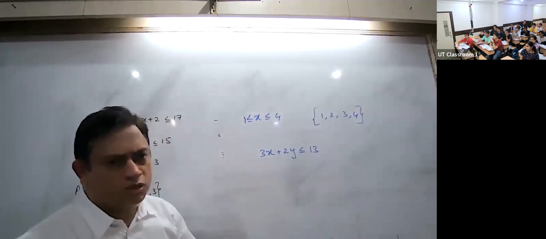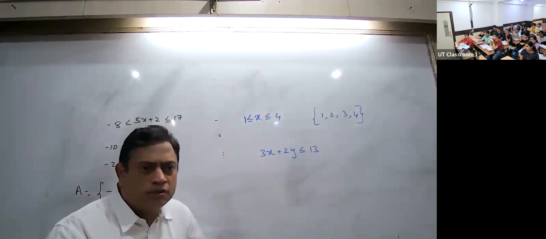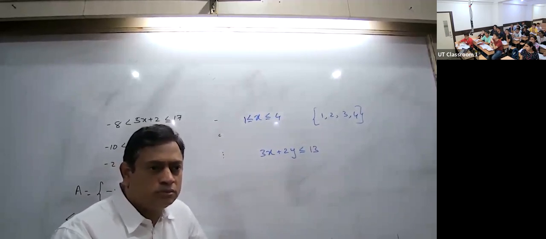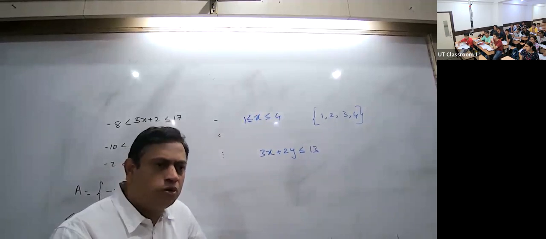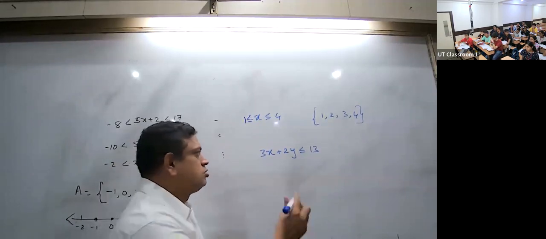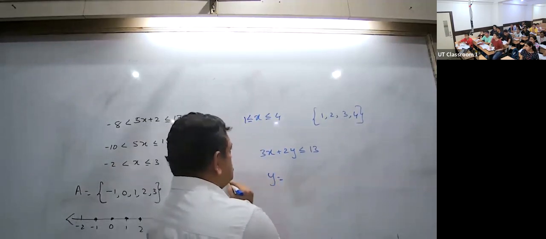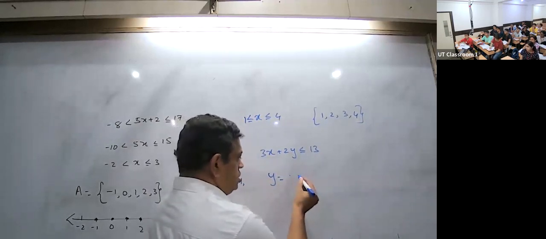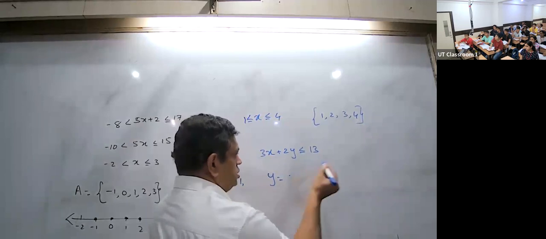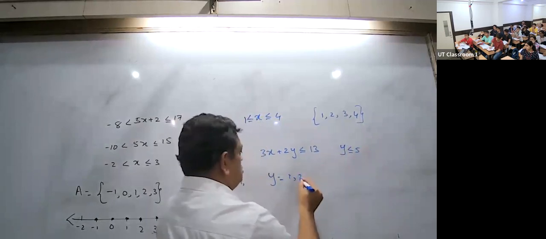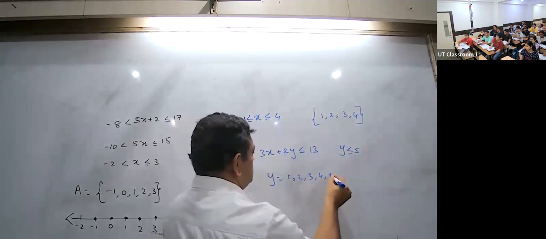So y ≤ 5 means what values can you take? Why not 0? Because positive integers is given. So you get y = 1, 2, 3, 4, 5.